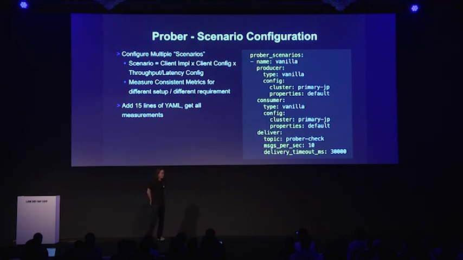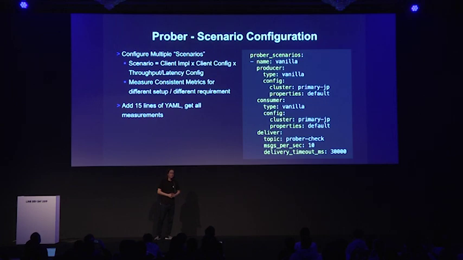Prover can configure multiple scenarios. A scenario consists of client implementation, client configuration, throughput of recorded data, and delivery latency. On our platform, many services are using our cluster, so each has its own requirements or workload.